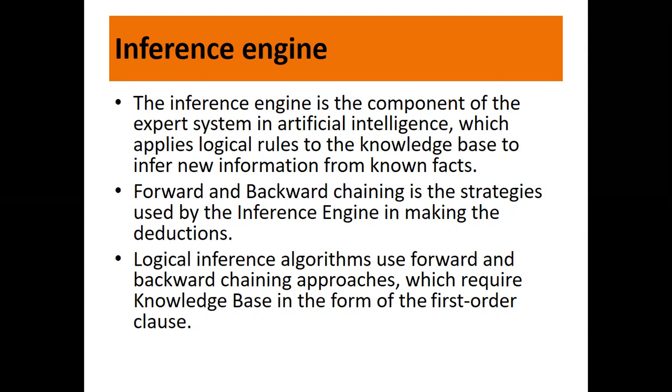Logical inference algorithms use forward and backward chaining approaches, which require the knowledge base in the form of first order logic. We already know, we have worked a lot with first order logic, and we know the knowledge base contains the facts, and using those facts you apply inference techniques to generate a new fact.